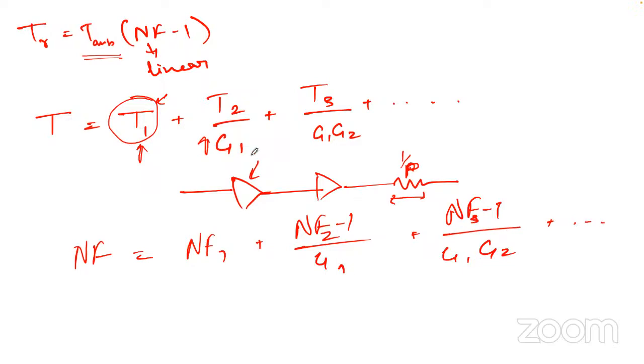So you can directly add the conversion factor for each amplifier, and you can get the noise figure also. This is called the Friis equation. Okay, this is one of the important things you should know when it comes to systems.